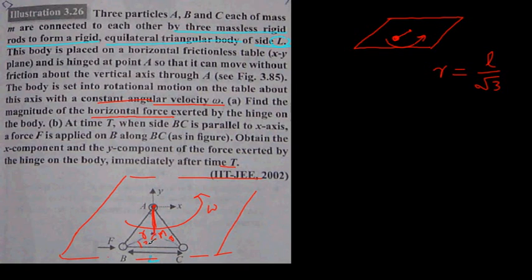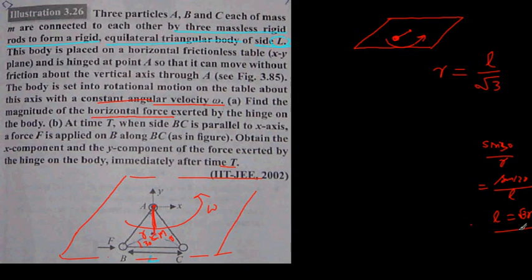Then you can find the relation between r and L using simple trigonometry: sine 30 divided by r is equal to sine 120 divided by L. Sine 120 is root 3 by 2 and sine 30 is 1 by 2, so L will be equal to root 3 r. You can solve and you will get it.